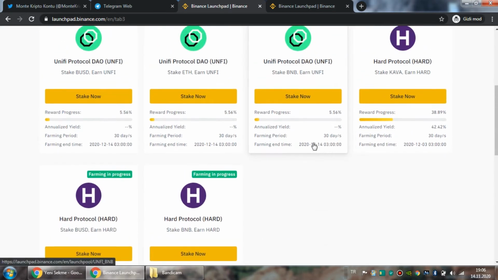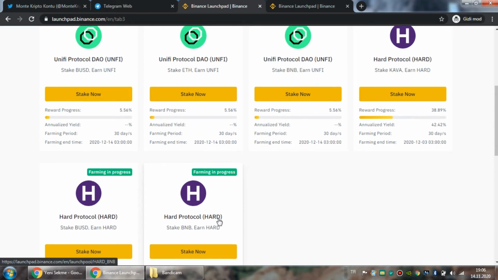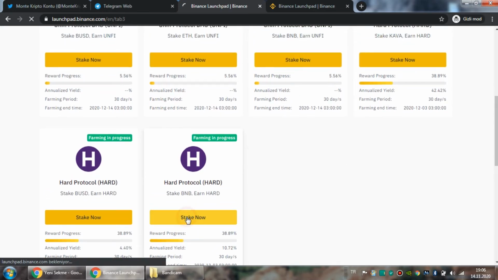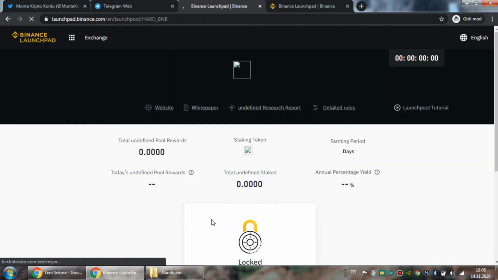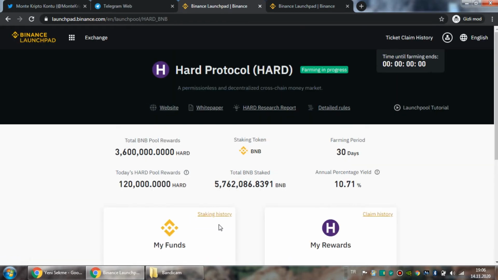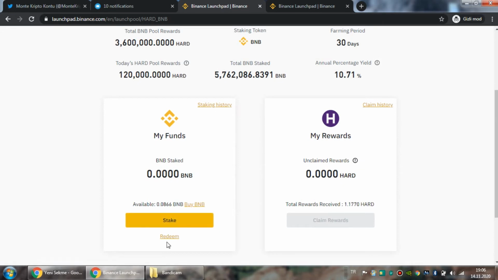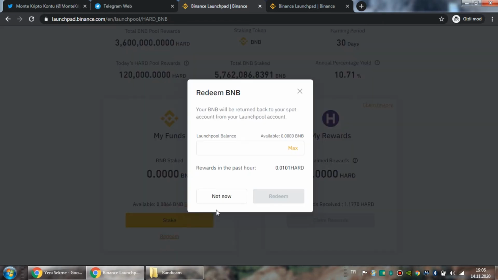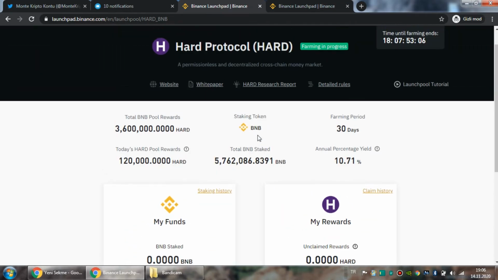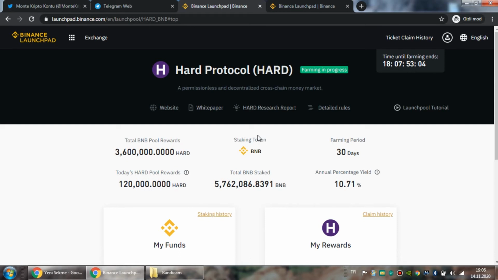Before this, my BNB was staked at the Hard protocol. I click stake now because I want to take my money back from this pool. You should click redeem, then click max and redeem, and then your BNB will go to your spot account.